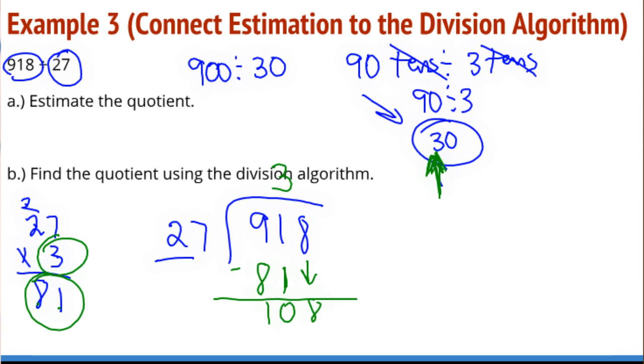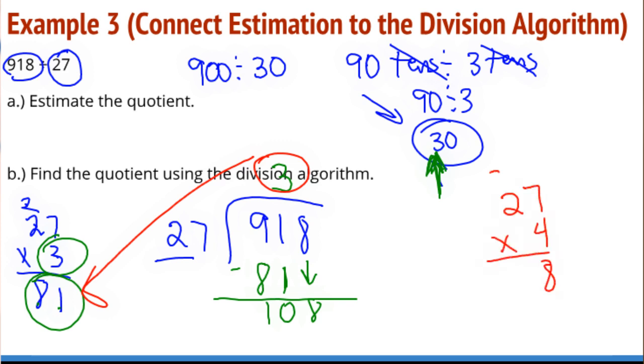So I knew multiplying times 3 gave me 81, and I need to get to 108, so I'm going to try 4 now. 27 times 4. 4 times 2 is 8, plus 2 is 10, and I got 108.